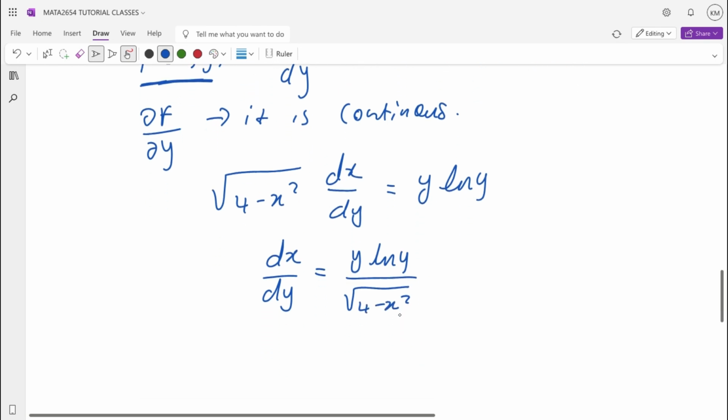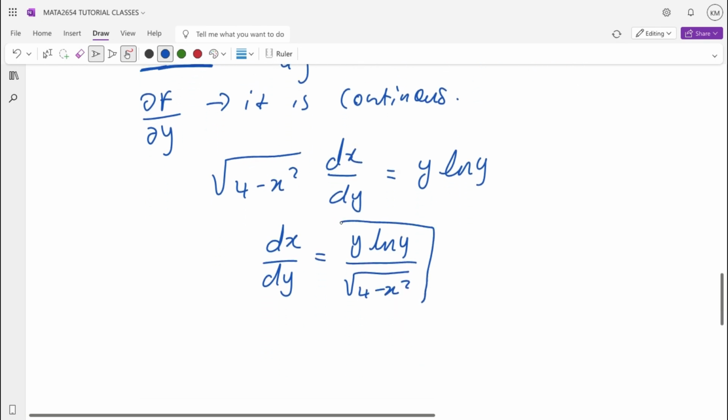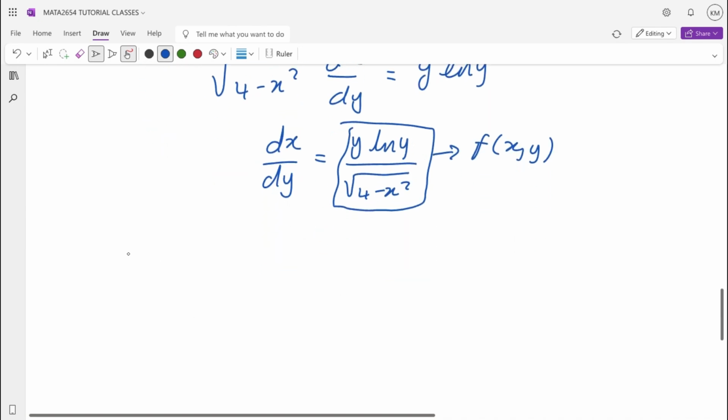So now we have to find the domain of this function, because this function is our f of x y. It's a function of x and y, right? So let me write it here neatly. We know that our f of x y is y ln y over square root of 4 minus x squared, just like that.